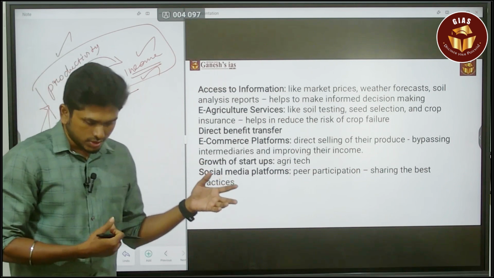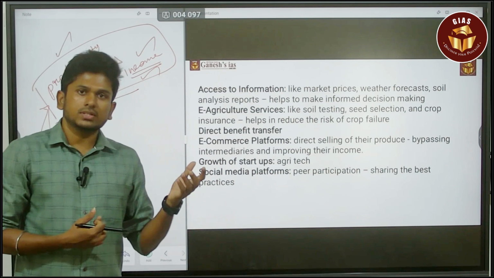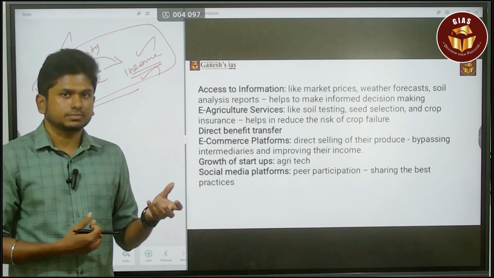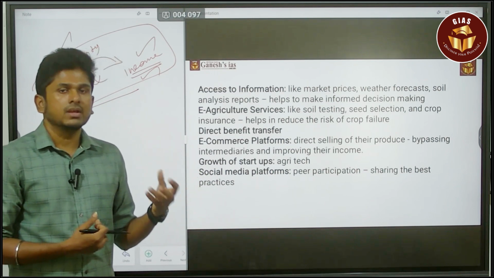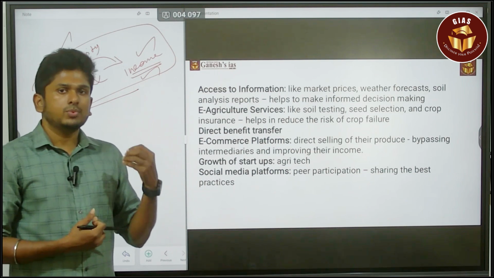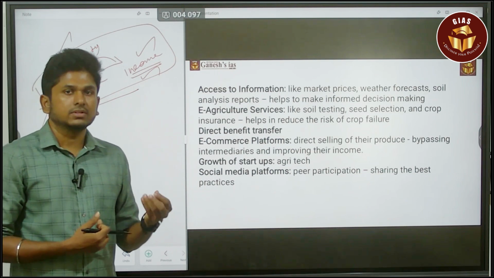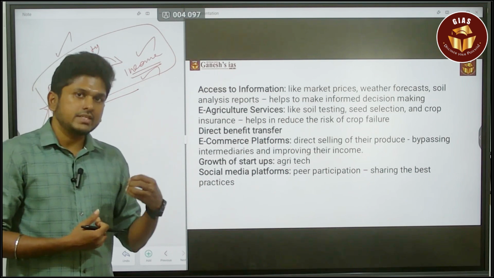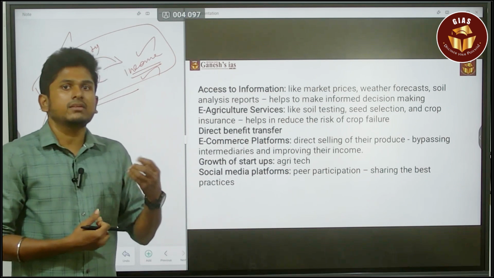Next, growth of startups. In the last question itself we discussed the agri startups and agri tech companies. What they do is provide agri financing. Okay, so that financing activity is also based on technology.